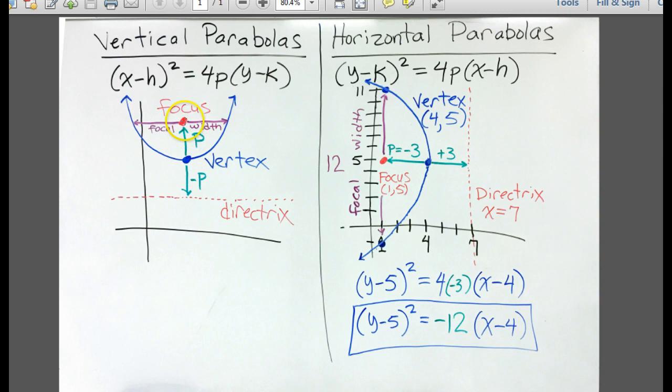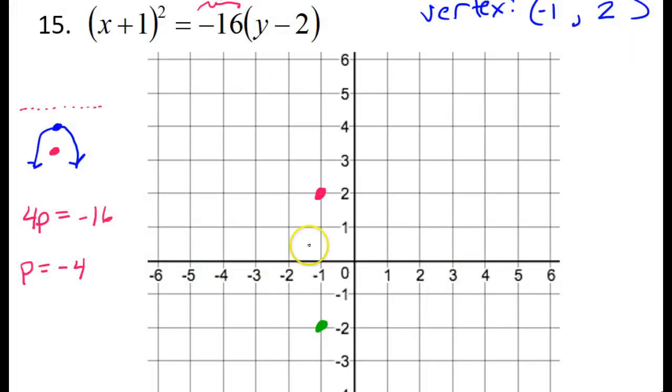So for example, if the focus is p up, then the directrix will be p down. If the focus is p left, then the directrix will be p to the right. Okay, so in this case, the focus is 4 down, which means that the directrix will be 4 up. So the directrix will be right here.